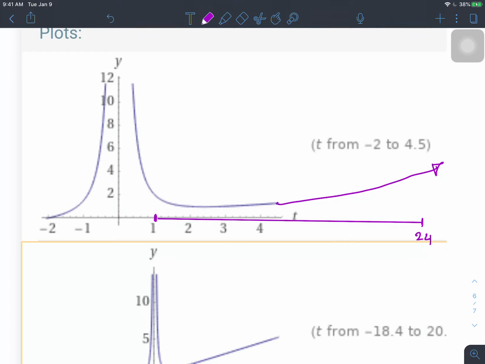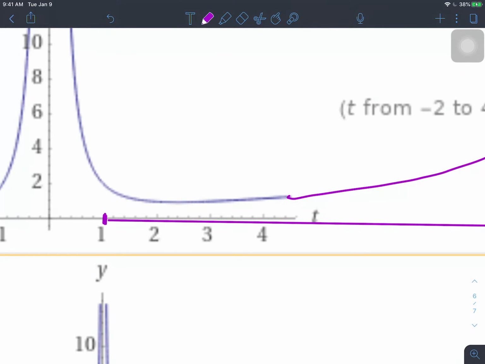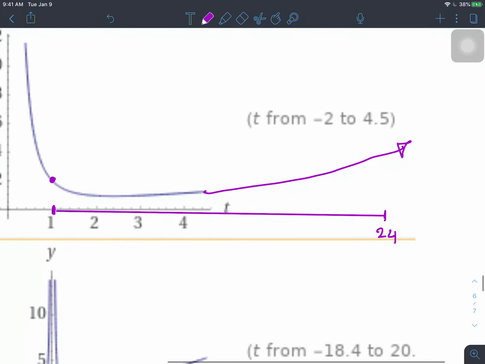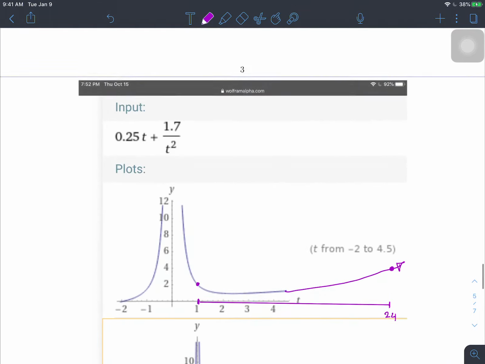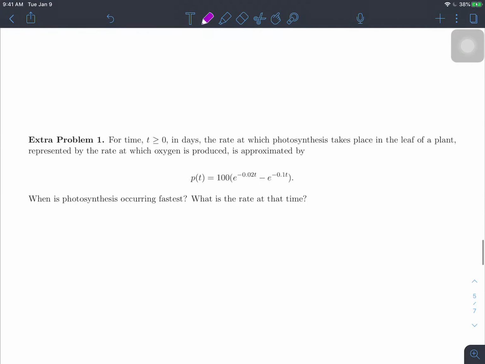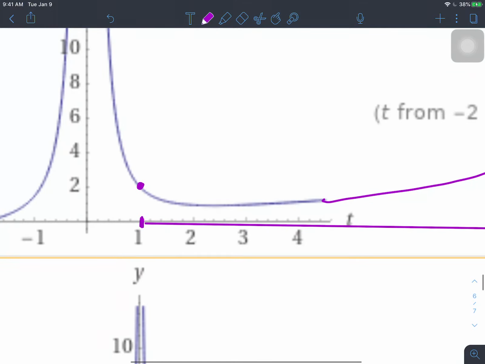There are 3 places that I have to consider. I have to consider the height of my function at the endpoints, and I have to consider the height of my function at the critical point, which was 2.38 something. It'd be right here.